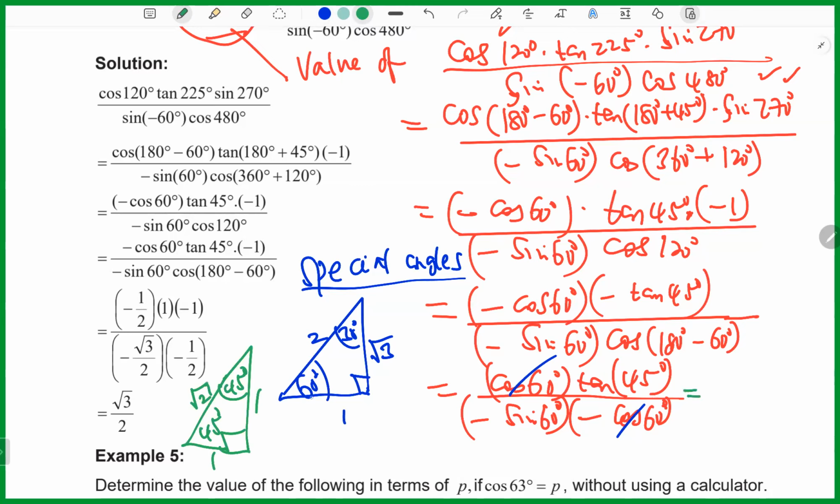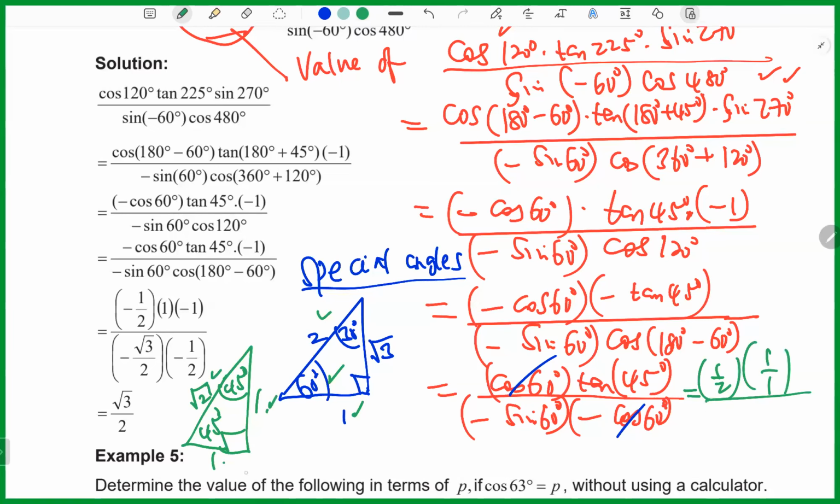What is the cosine of 60? It's adjacent over hypotenuse, which is 1 over 2. The tan of 45 degrees, using SOHCAHTOA, is opposite over adjacent, so it is 1 over 1.